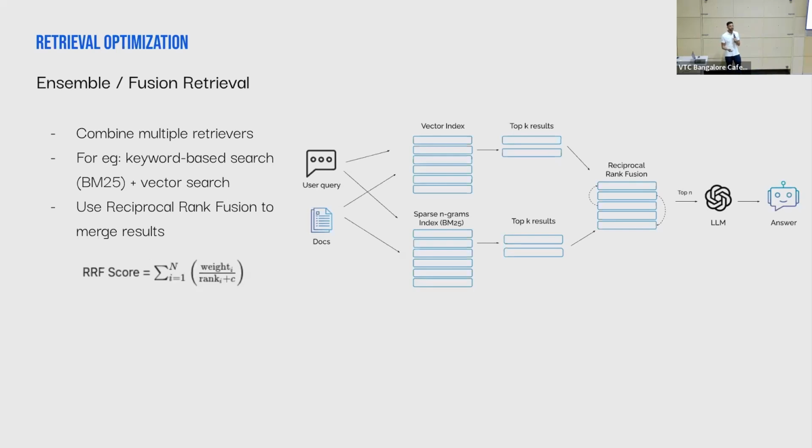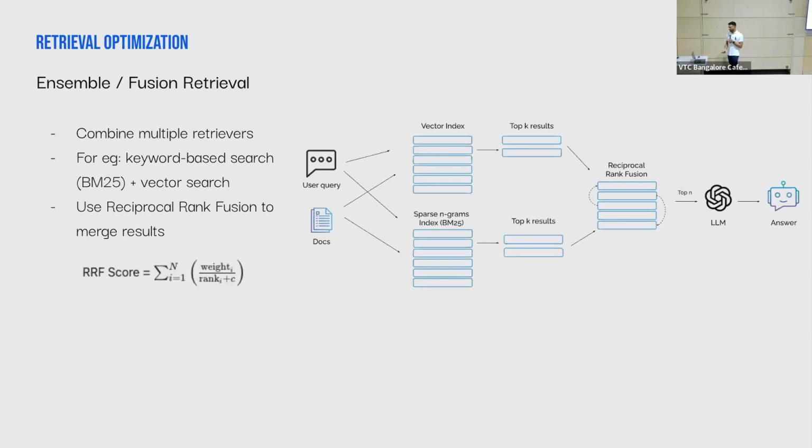So what do you do in those cases? You can either train or fine-tune your embedding models on that domain-heavy data, but a more low-hanging fruit is to use something called an ensemble retriever or a fusion retriever, where you combine old-school lexical search or keyword search along with semantic search or vector search. How do you do that?